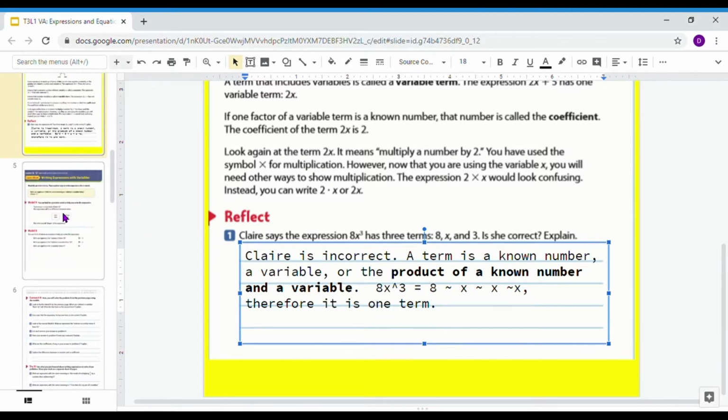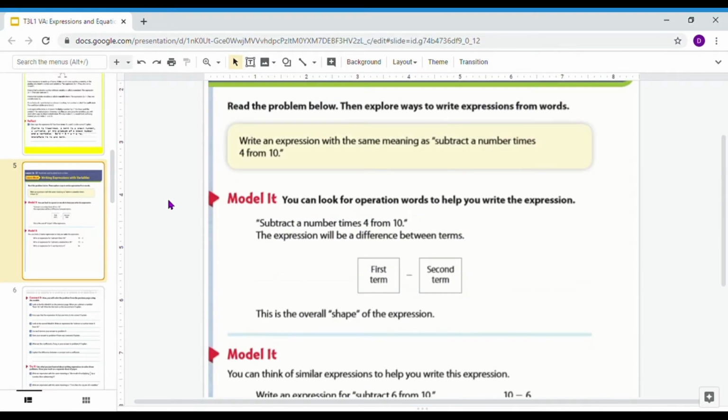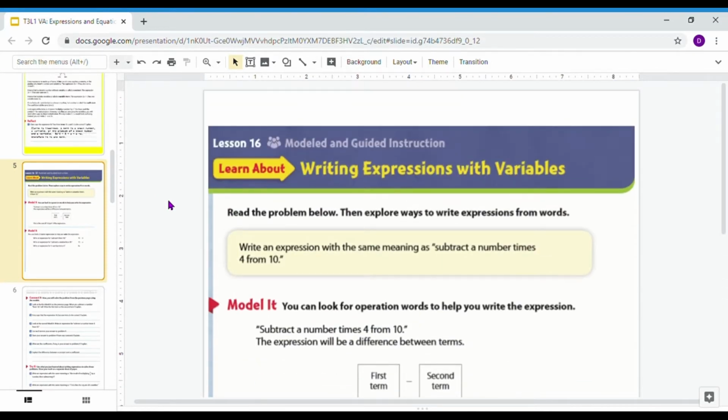Moving on. All right, we are finally into our instruction time. So, reading the problem below, we're going to explore ways to write the expression just by using the words. So this says, write an expression with the same meaning as subtract a number times 4 from 10.